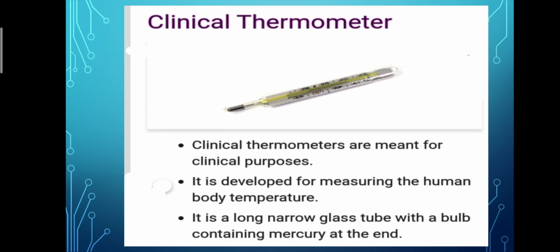Number 1, clinical thermometer. Clinical thermometers are meant for clinical purposes. It is developed for measuring the human body temperature. It is a long, narrow glass tube with a bulb containing mercury at the end.